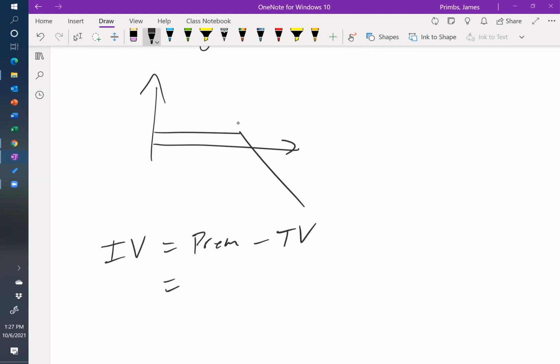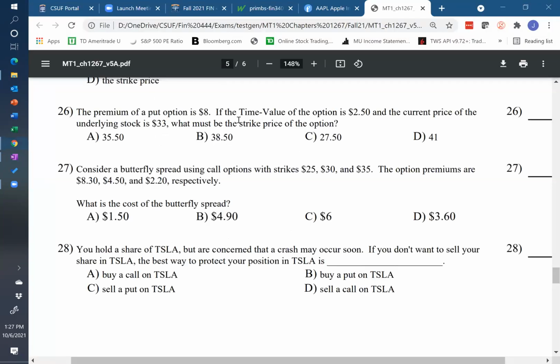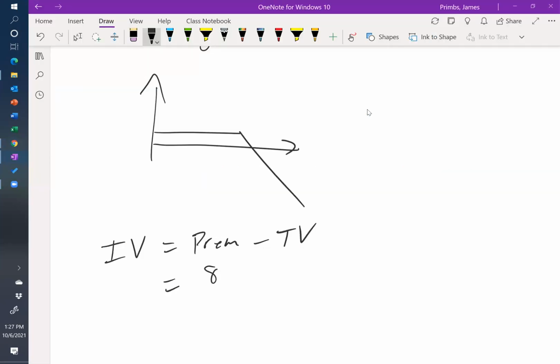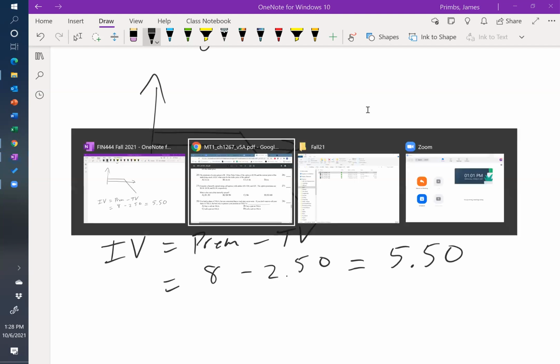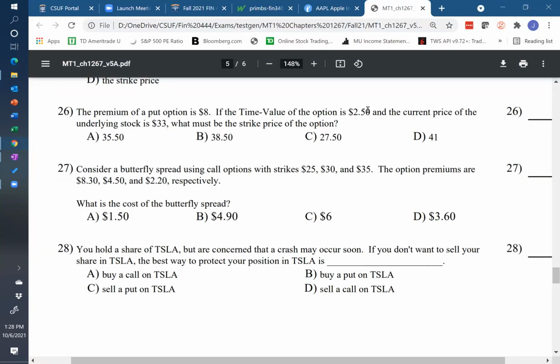So let's get the intrinsic value. The premium is $8. Time value is $2.50. 8 minus 2.50, so I'm going to get 5.50 is the intrinsic value. Current price of the underlying stock is 33.